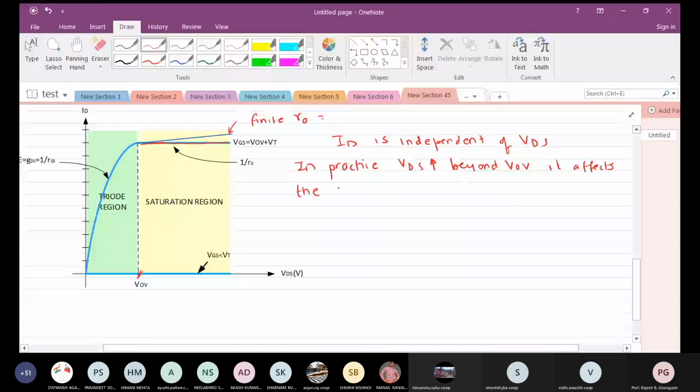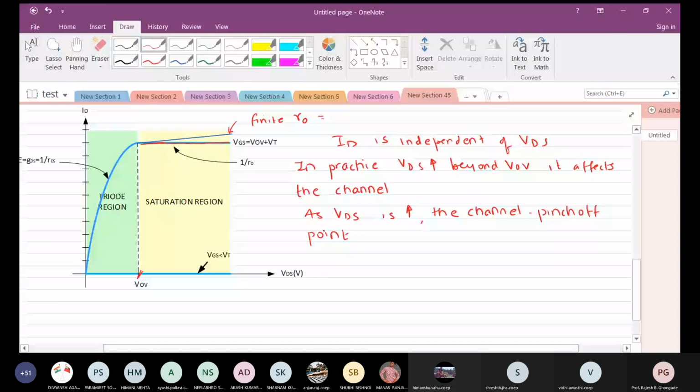We have already seen this effect. As VDS is increased, the channel pinch-off point moves slightly away from the drain towards the source.